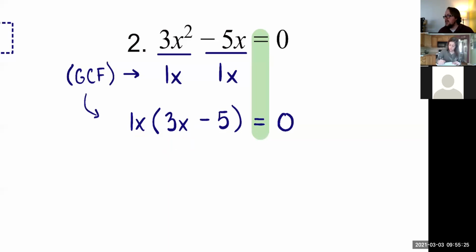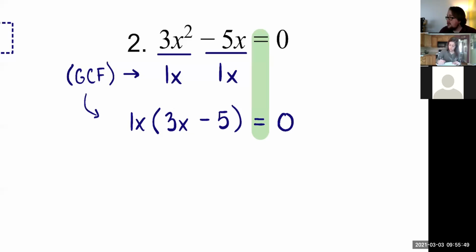We can't use grouping here because that's usually at least 4 terms. We can't use the asterisk method anymore for 2 reasons. It's no longer quadratic, and it's not a trinomial. So this one, albeit a little bit boring, factored very quickly with just a greatest common factor set aside.